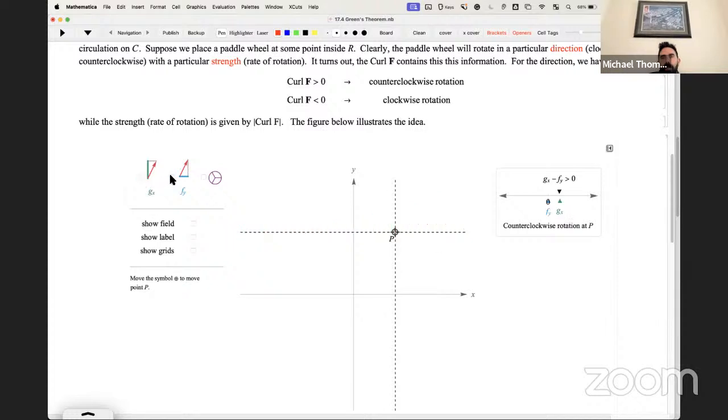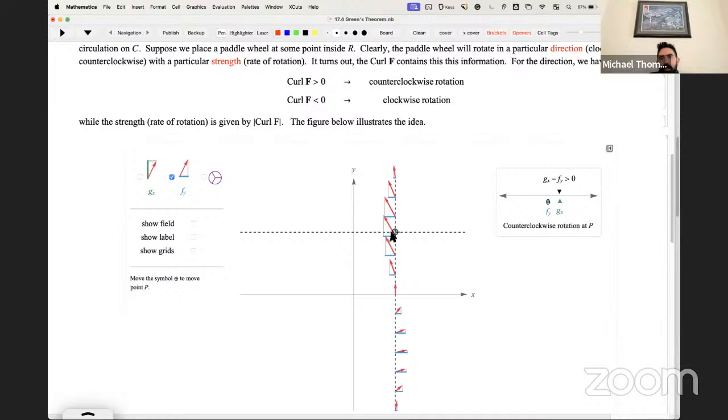And I'll do fy too. Now fy is a cut in the y direction. So this is the y direction. If you move in the positive y direction across this point, ask yourself whether the f component of the vector field, which is the first component, or the x component, is getting longer or shorter as we move in the positive y direction.